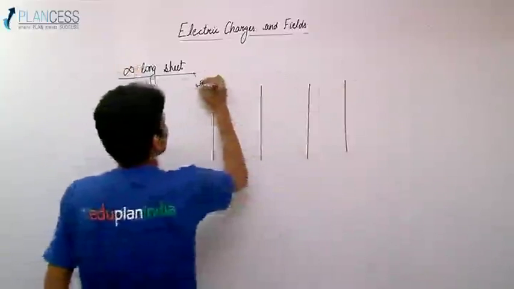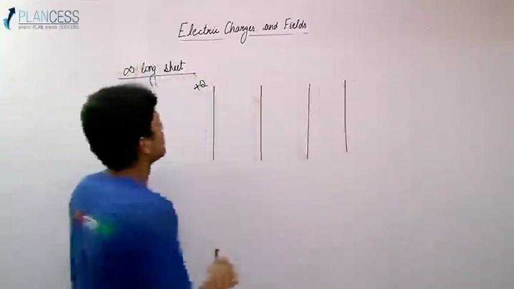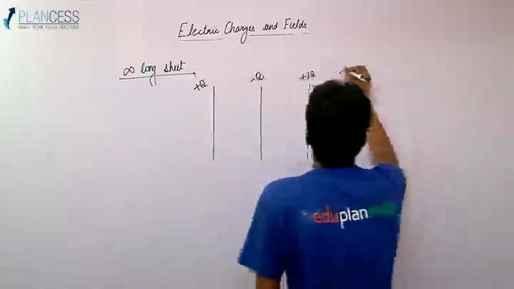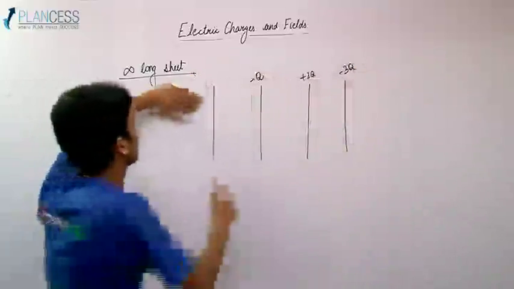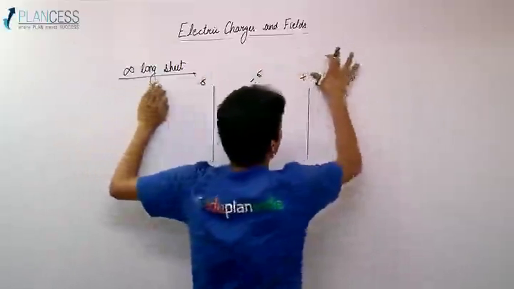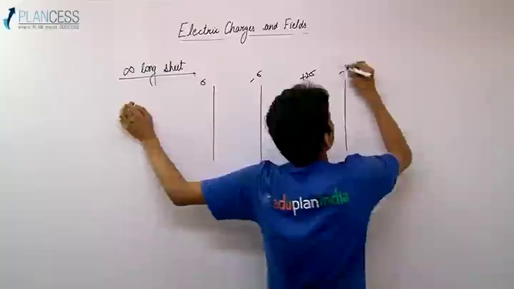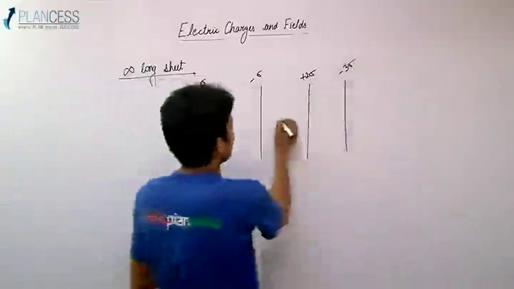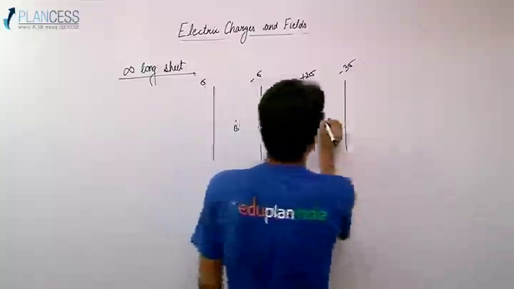I am talking about the charge density. The sheets have charge densities sigma, minus sigma, 2 sigma, and minus 3 sigma. Now let's say you want to calculate the electric field at this point, that is at point A, at point B, at point C.